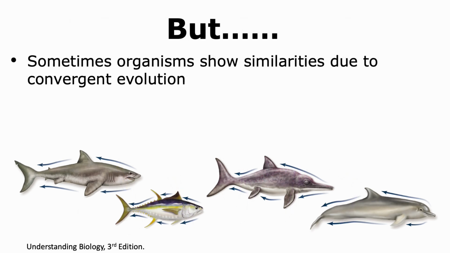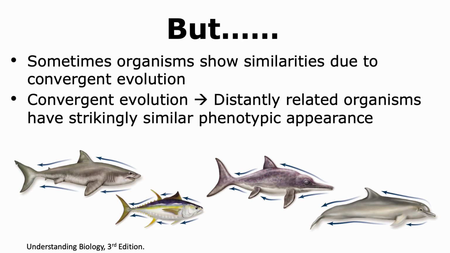Many times, similarities in external features have been used for classification purposes, but it should be noted that there are instances where these similarities occur due to convergent evolution. Convergent evolution is when distantly related organisms tend to show similar phenotypic appearances. Let's look at an example of these marine animals.